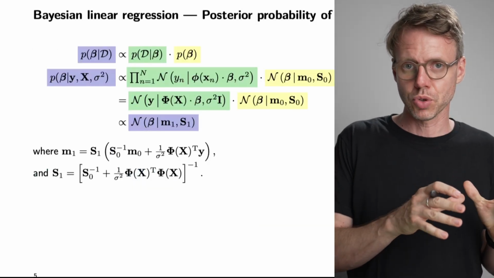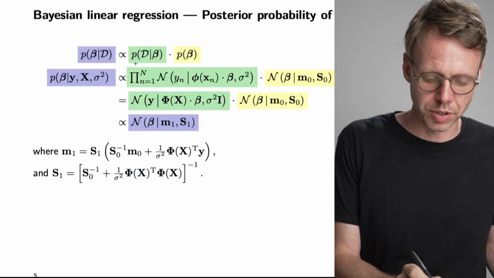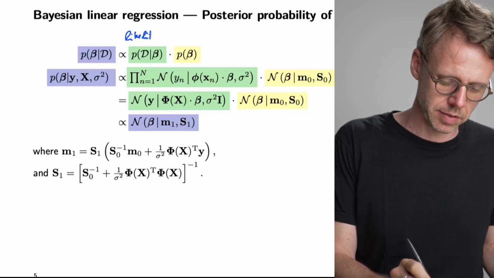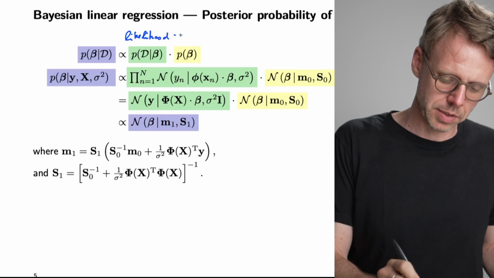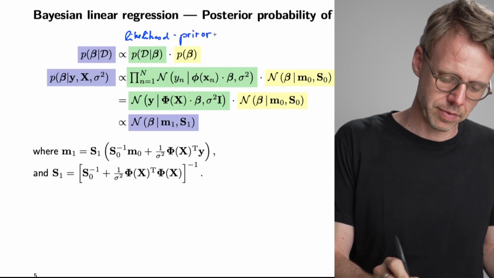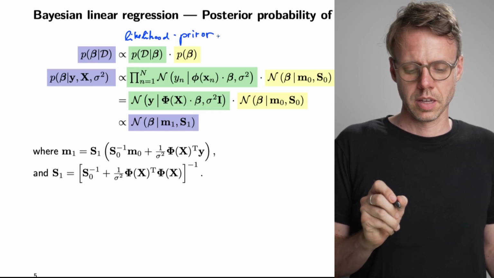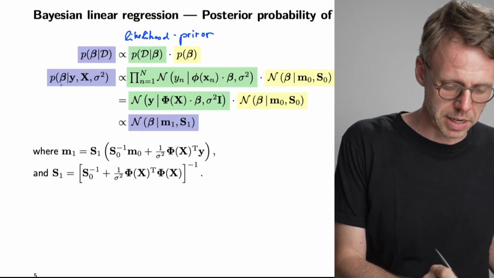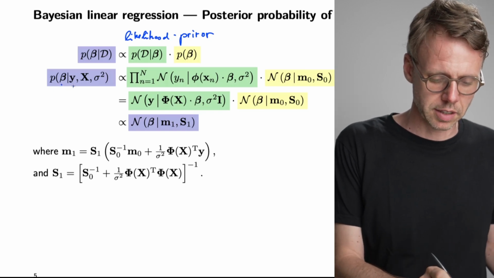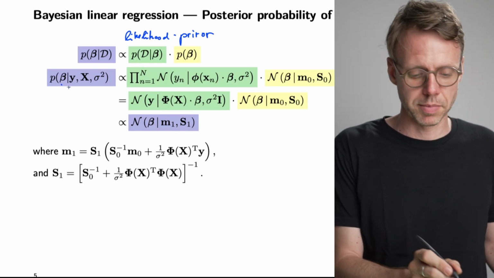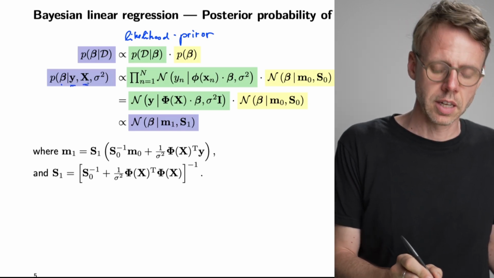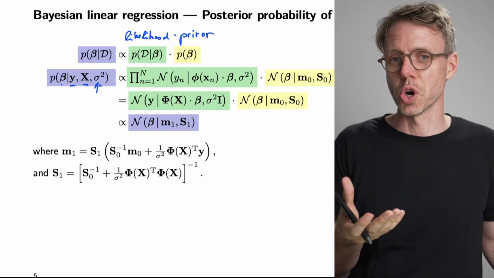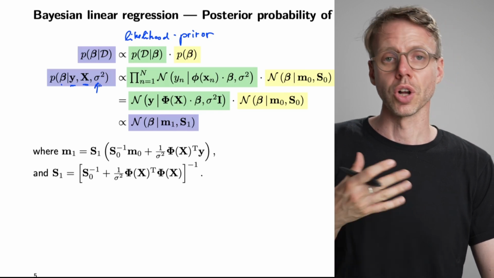The posterior distribution is proportional to the likelihood times the prior. Let's instantiate this. So the probability of our betas given the data y and x. Here we also assume that the value of sigma squared is known, so we can condition also on sigma squared.